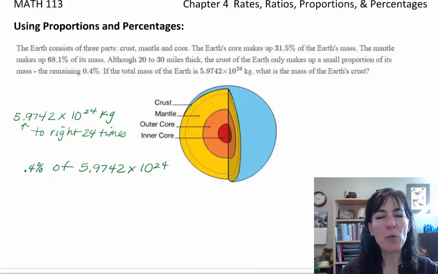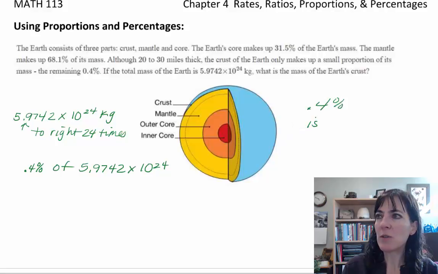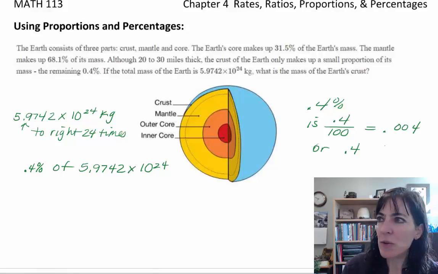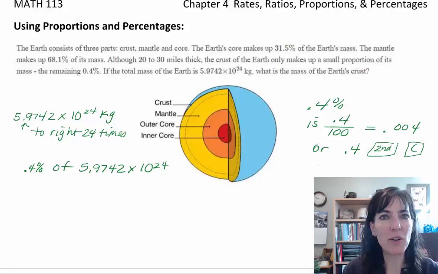Now, that 0.4%, I either have to convert to a decimal, so I'm going to write over here 0.4% is 0.4 divided by 100, which will give me 0.004. Or you can do 0.4 and then do the second and the left parenthesis button on your calculator, and that'll convert 0.4 into a percent for you.